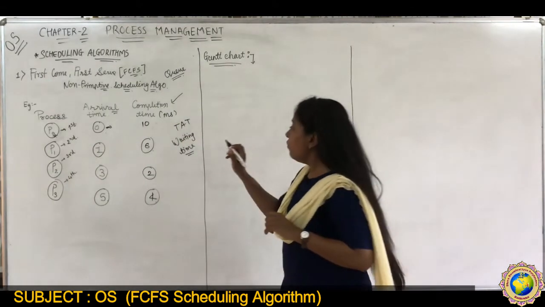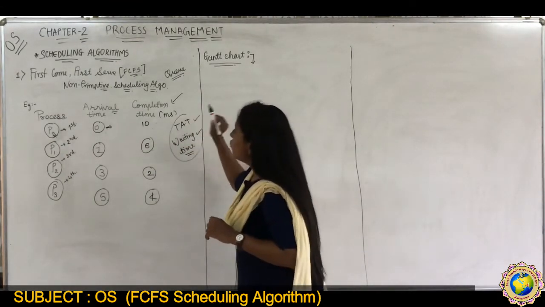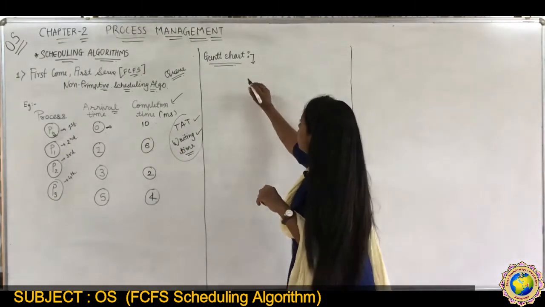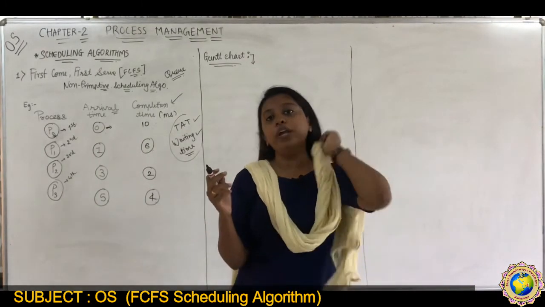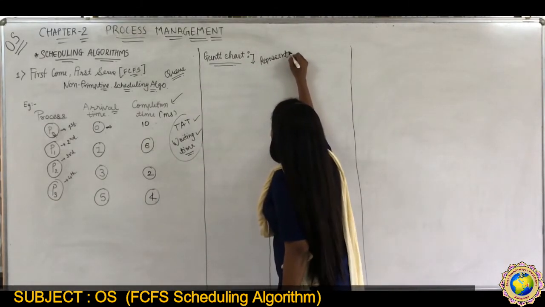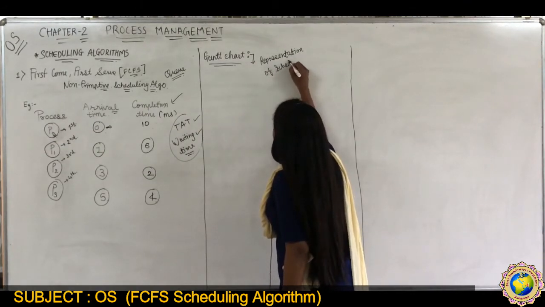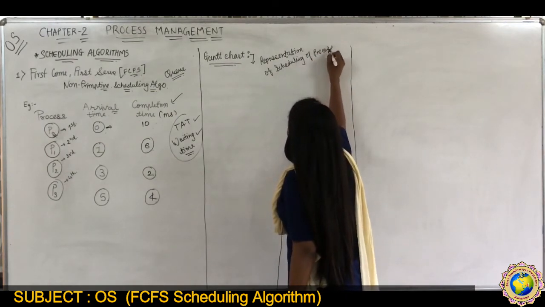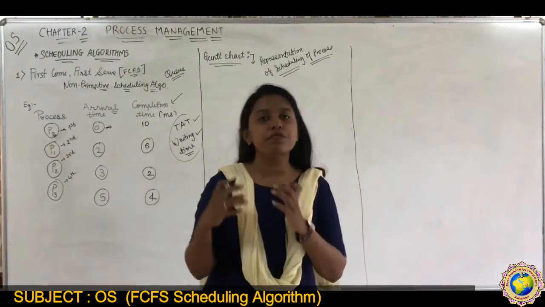Now how will we find the turnaround time and waiting time? Before that, we have to find the finish time. For this we use the Gantt chart. The Gantt chart is used for the representation of scheduling of processes, that is, which process comes first.